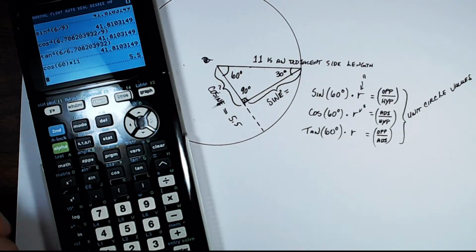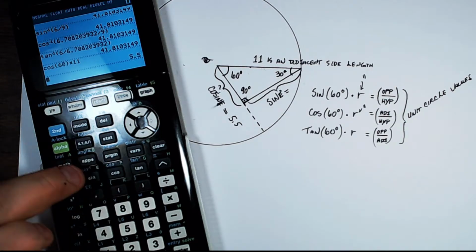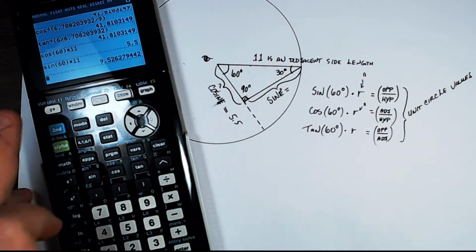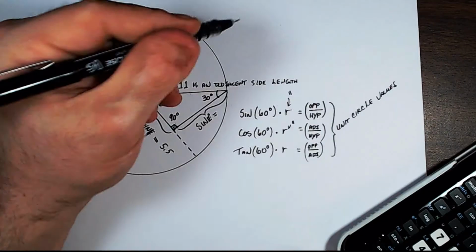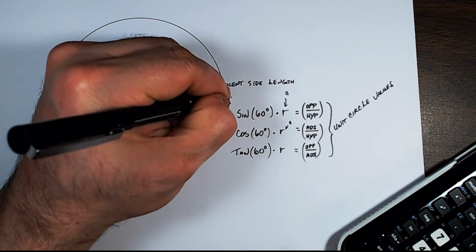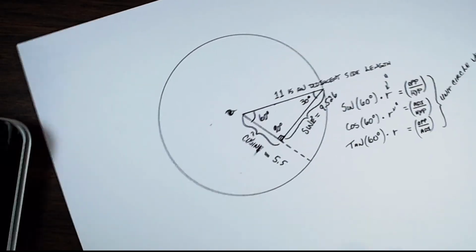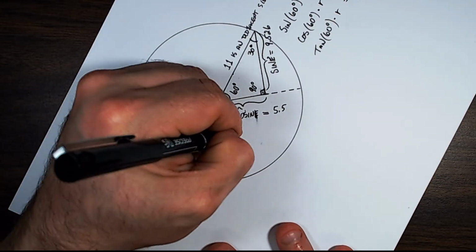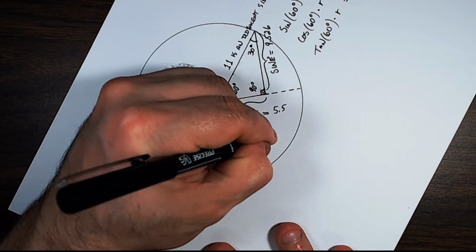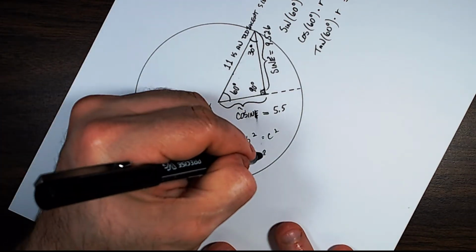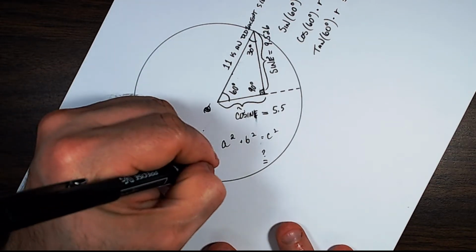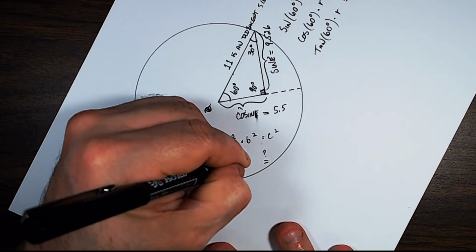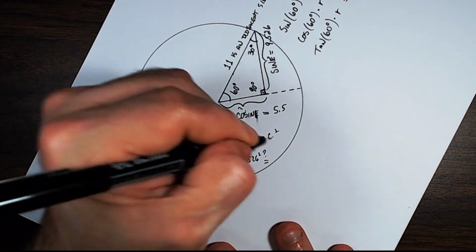All right, so now let's confirm: sine of 60 degrees multiplied by 11 gives me 9.526. If we want to confirm that these values are correct, let's use Pythagoras. a squared plus b squared equals c squared. Does 5.5 squared plus 9.526 squared equal 11 squared?